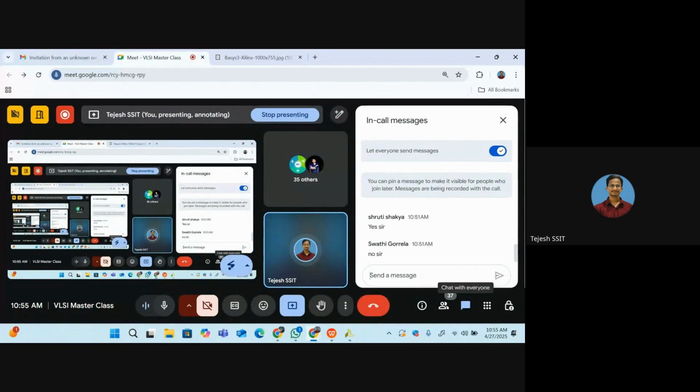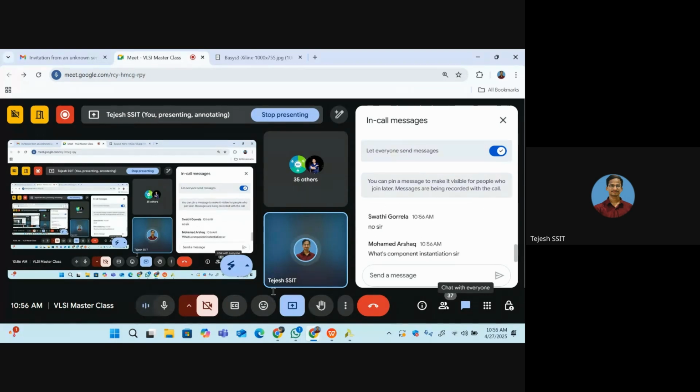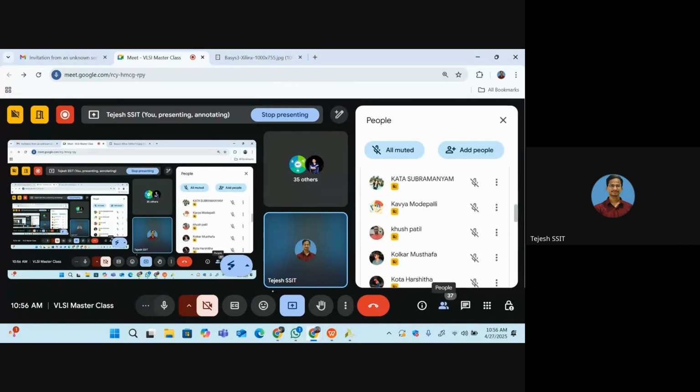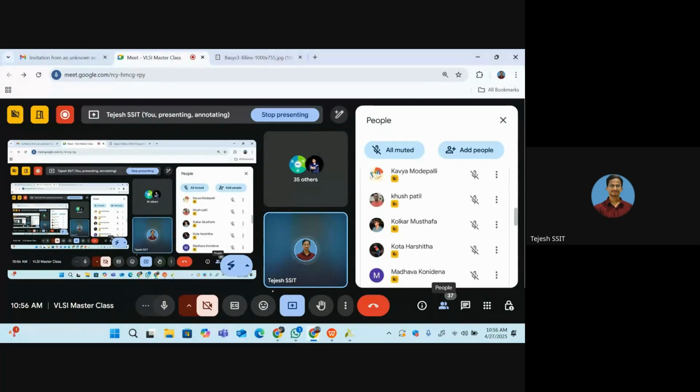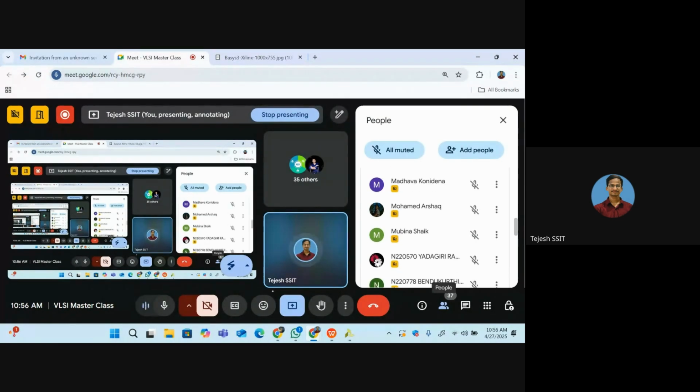I will explain the internal blocks. Hello. Shruti, Swati, Jagadishwar Shetty, Durga Varalakshmi Anisetti, Kavya, Kush Patel, Ashita, Madhava, Mohammed.